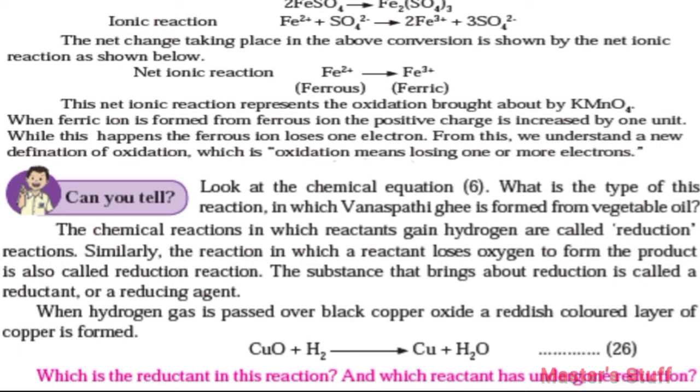This was about oxidation reaction. Now the chemical reactions which gain hydrogen are called reduction reactions. Similarly, the reaction in which the reactant loses oxygen to form the product is also called a reduction reaction.